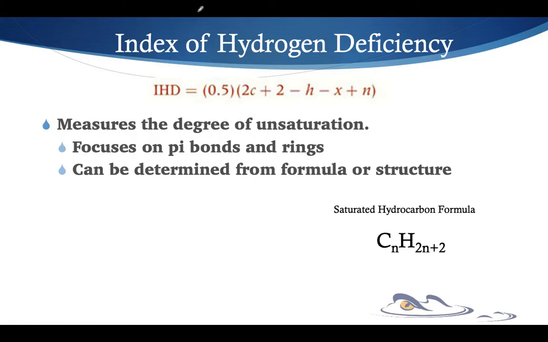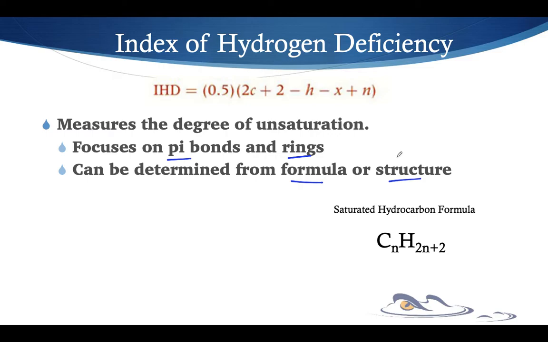So the degree of hydrogen deficiency is focused upon either pi bonds or it's focused upon the rings that could be formed in our molecule. So we can either determine this from a chemical formula, and again, this would be like CO2 or C3H8, or we can look at the structure itself of the molecule.